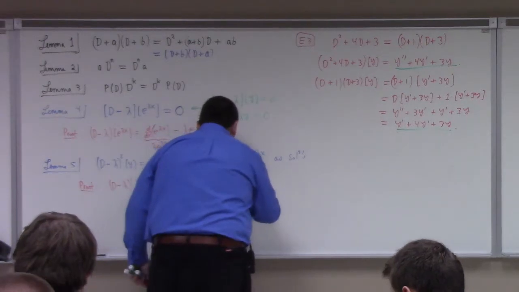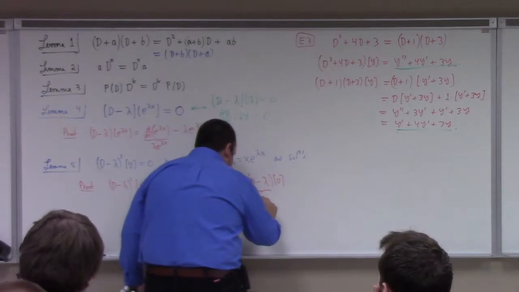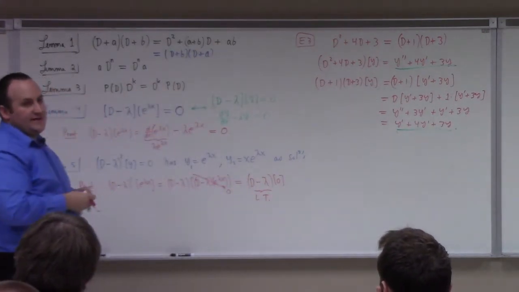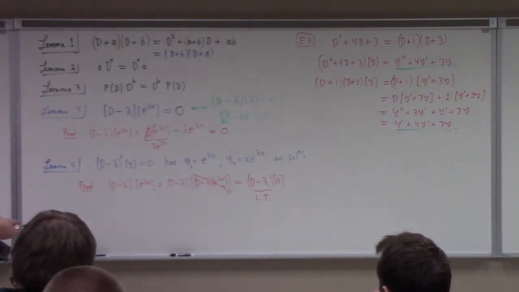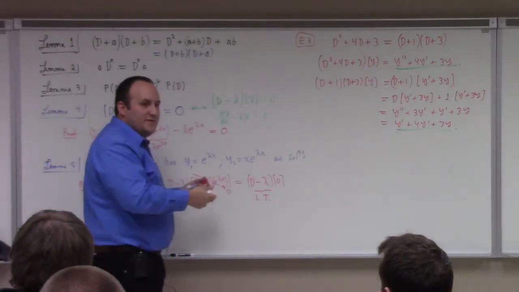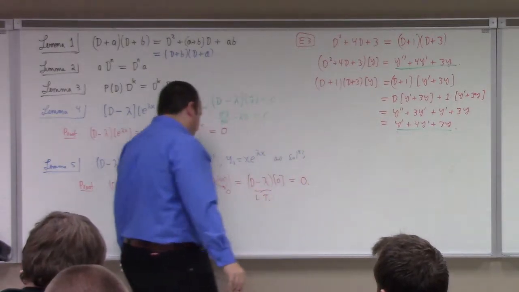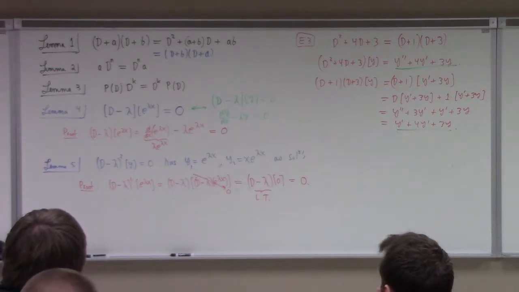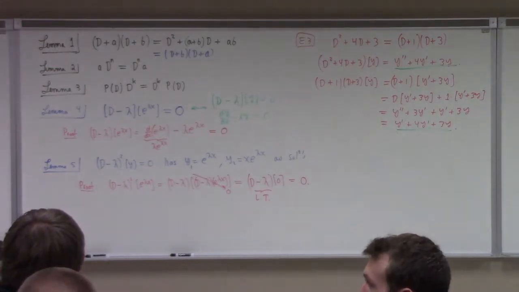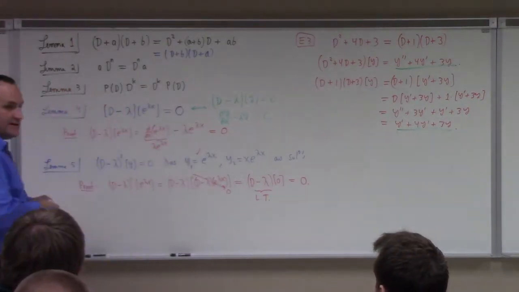But my point to you is we've got D minus lambda acting on 0. But this is a linear transformation. D minus lambda is a linear transformation, which means when you feed it the 0 function, guess what happens? It gives us back 0, right? I mean, of course, you could just say, well, lambda times 0 is 0, and the derivative of 0 is 0, so we get 0, and that's also true. But I want to make a point. Okay, great. So apparently, y1, check. It solves it. We plug it in. It gives us back 0. It's a solution.